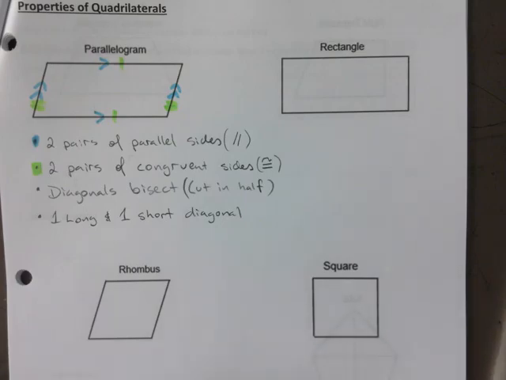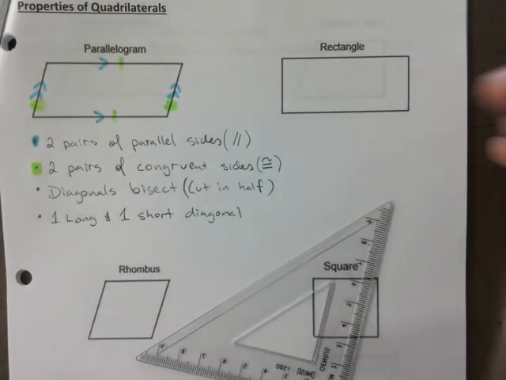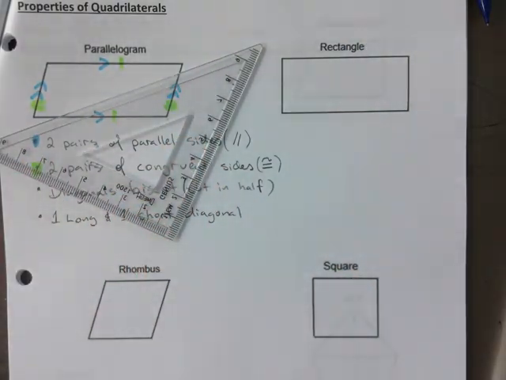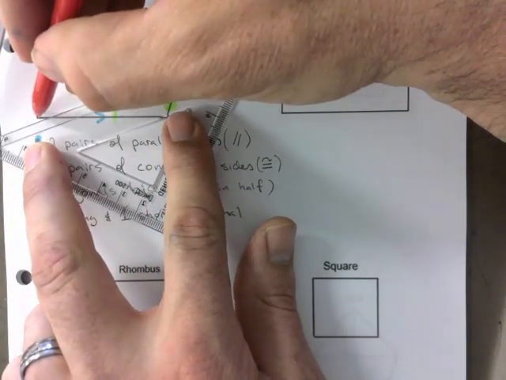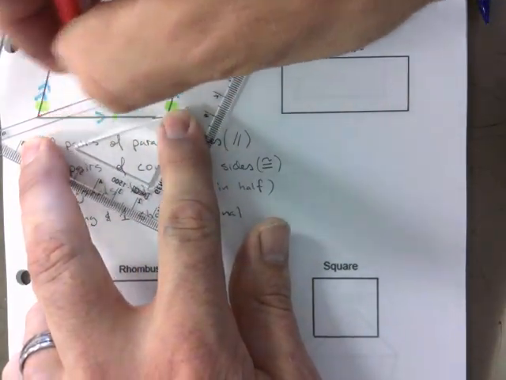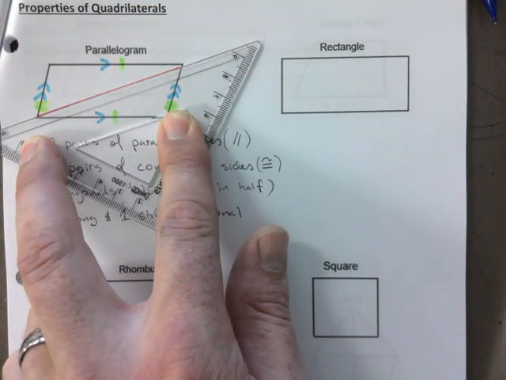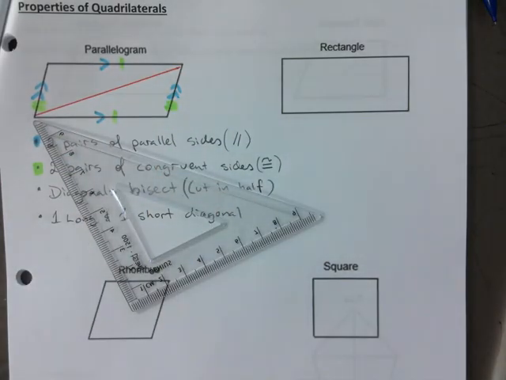Diagonals bisect. So this one, I'm going to use a pencil to draw them. So the diagonals, there's a long one and a short one. I'm going to use red pen for the longer one, and then a blue pen for the shorter one.